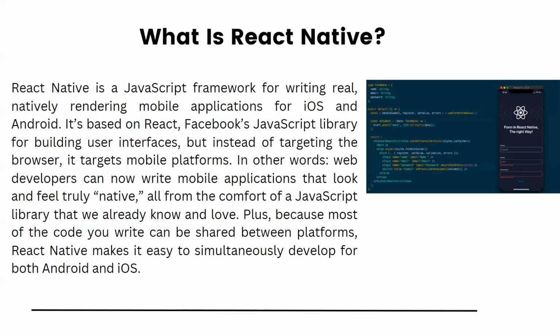Thus, your application will render using real mobile UI components, not a web view, and will look and feel like any other mobile application. React Native also exposes a JavaScript interface for platform APIs, so your React Native app can access platform features like the phone camera or the user location.